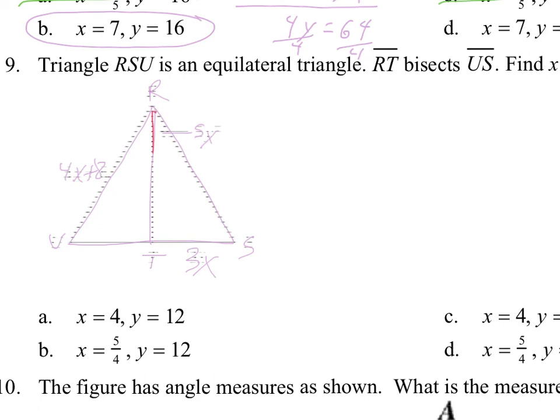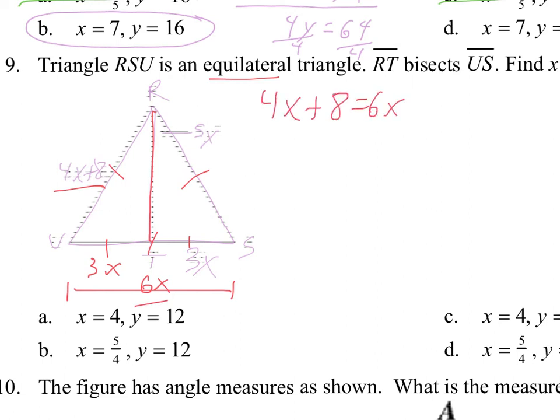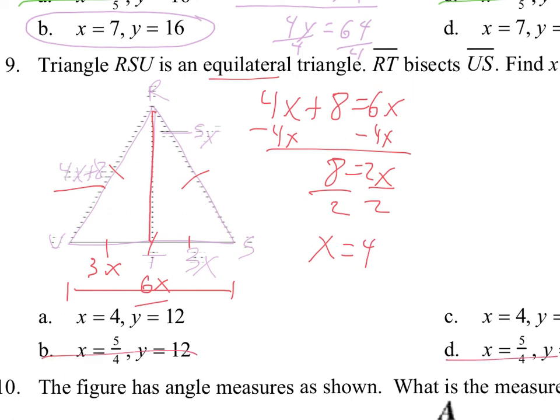That means this segment bisects into two congruent segments, which means this side is also 3x, or we could say that the whole thing is 6x. Well, it's also equilateral, so all the segments are congruent to each other. So 4x plus 8 is equal to 6x. Subtract 4x from both sides. Divide by 2. And x equals 4, which eliminates B and D.